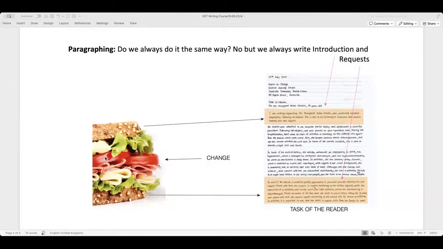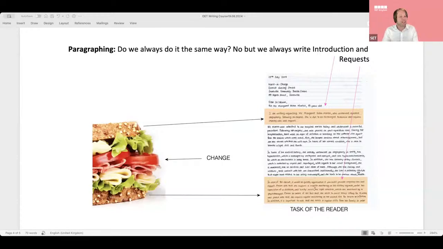Maybe to change the taste. Well, think about it. Who's eating the sandwich, guys? Everyone. Maybe me or maybe another one. Someone else.